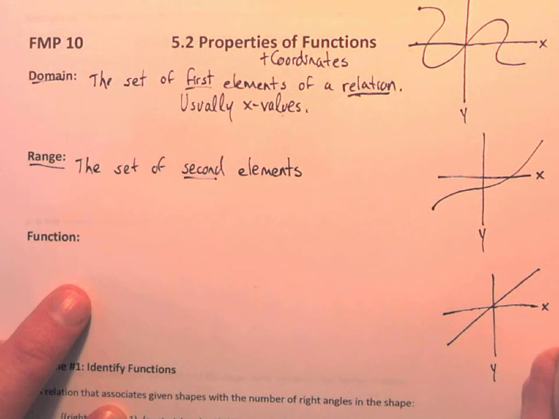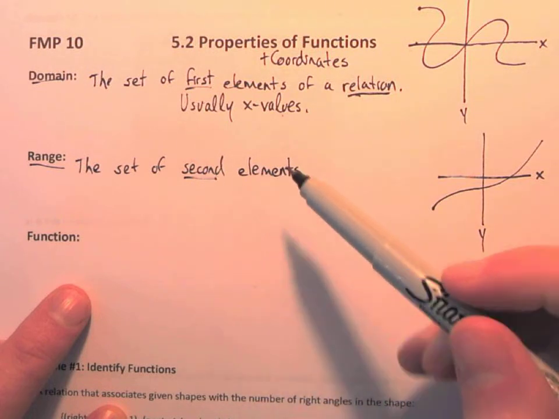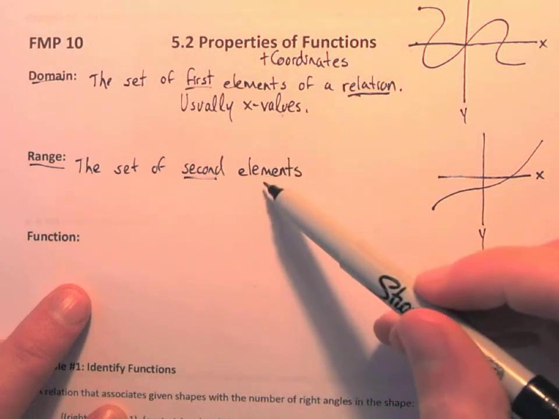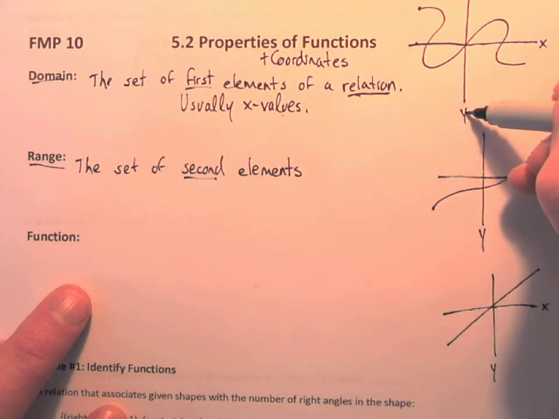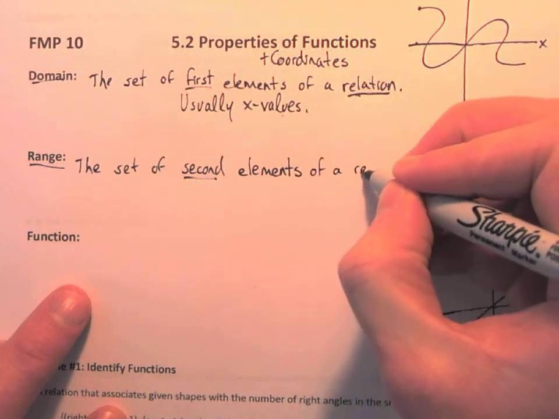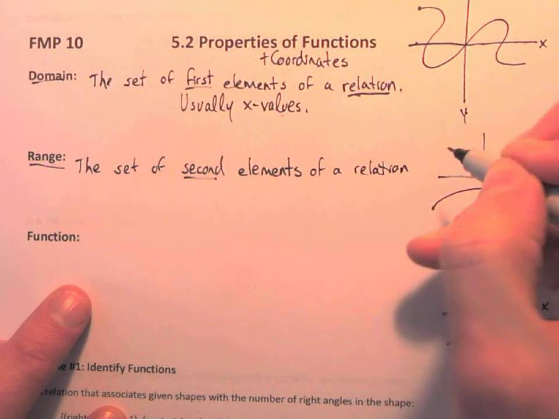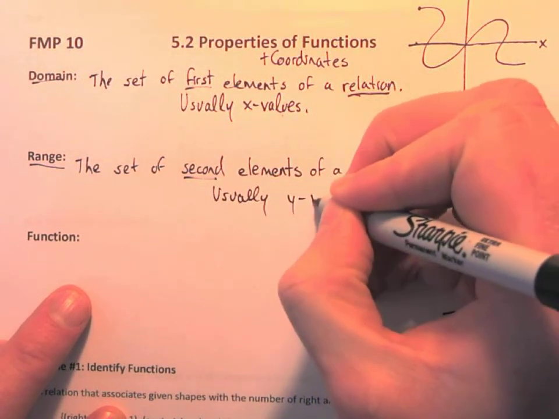Elements just means things, kind of. The set of second things, or the set of corresponding things. It really just means the y unit, whatever that is going to be, of a relation. Usually y values.